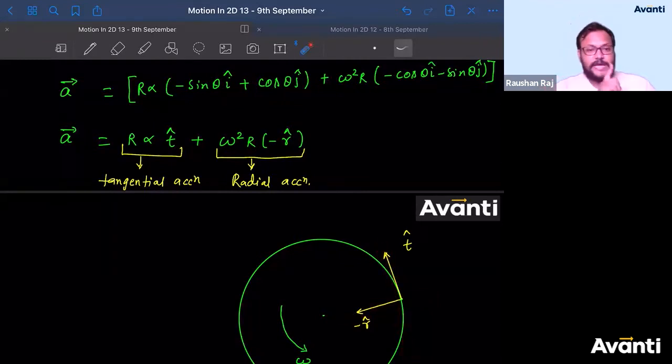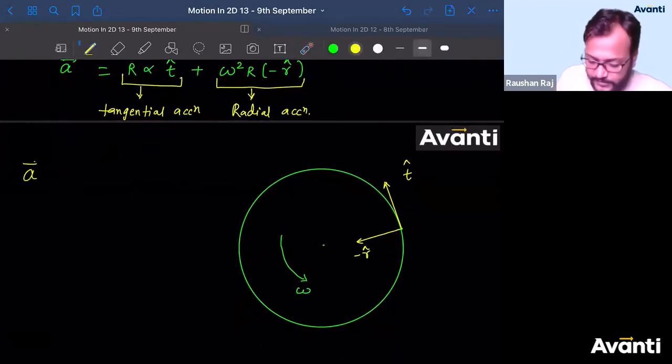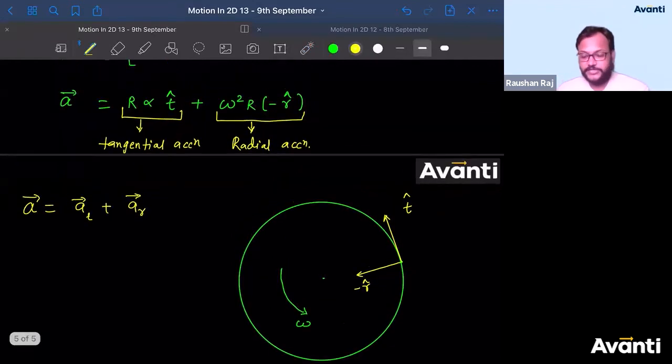So there are two accelerations that you will encounter in circular motion. One of them is tangential acceleration, the other one is radial acceleration. So I can write A is equal to AT vector plus AR vector. What is AT vector? Tangential acceleration. What is AR vector? Radial acceleration.